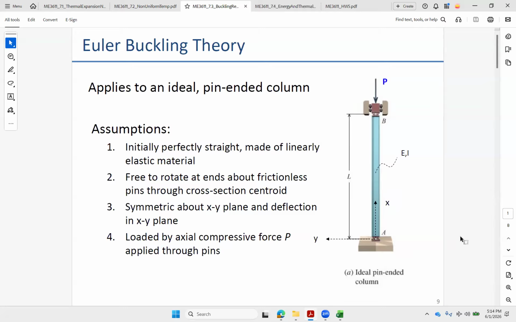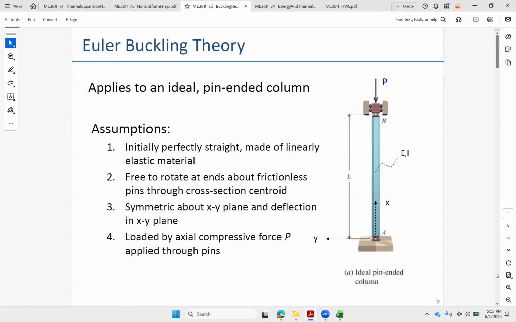So we're going to assume it's a straight bar, linear elastic material, and it's free to rotate on the ends about some frictionless pins. We're going to be symmetric in that XY plane, and we're going to keep our deflections within the plane of the page. So we load it with some compressive force P pushing through those pins on the ends.